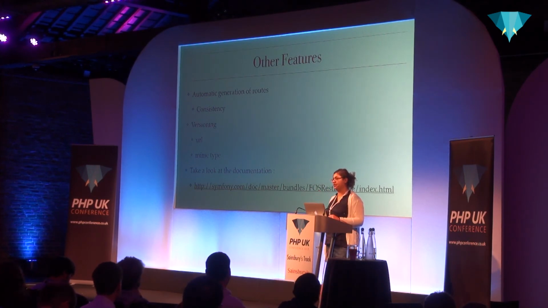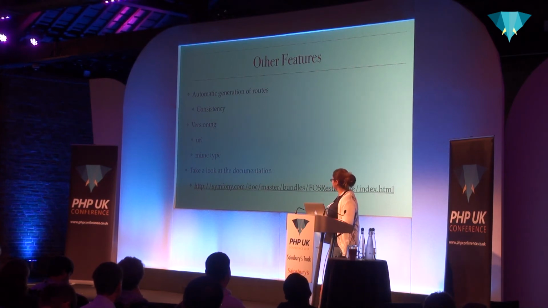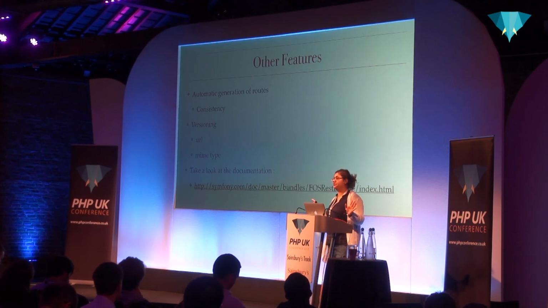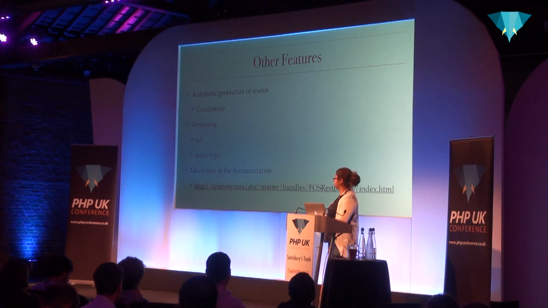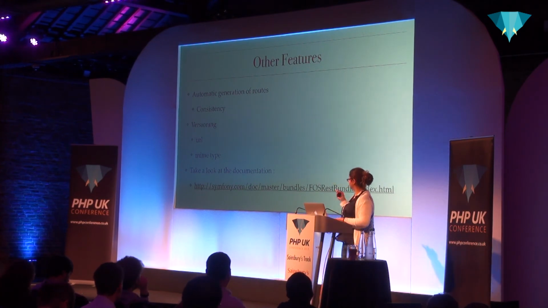When I say by URL, let's say you have, in your URL, v1, v2, v3, or whatever. You could do that with MIME type, and FOSRest helps you to handle that. I don't have any opinion on how to handle your versioning, so just know that you can handle it one way or another. And of course, take a look at the documentation. Now it's on symfony.com, so go check it out.